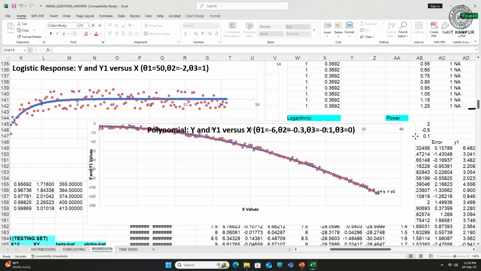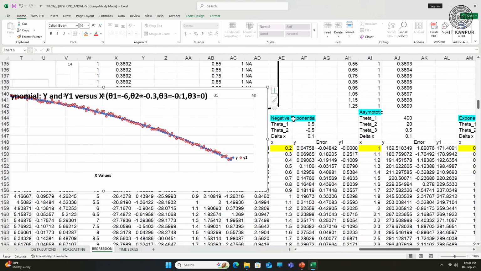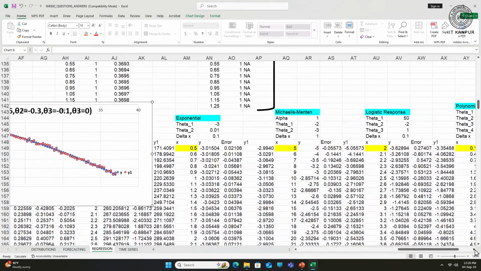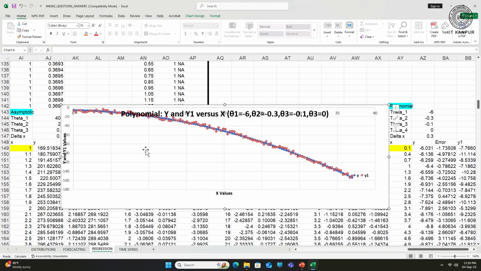Let me check. Yes, this is the polynomial, right. So, there is no confusion here. This is the polynomial one here.